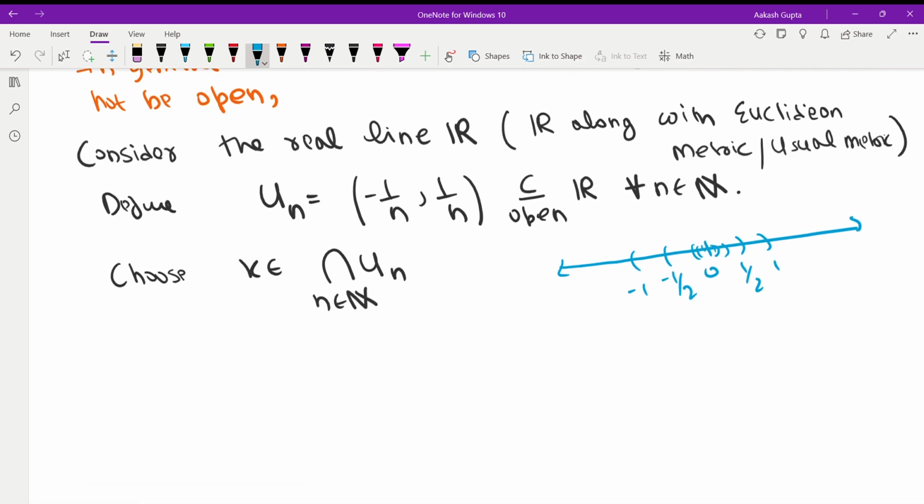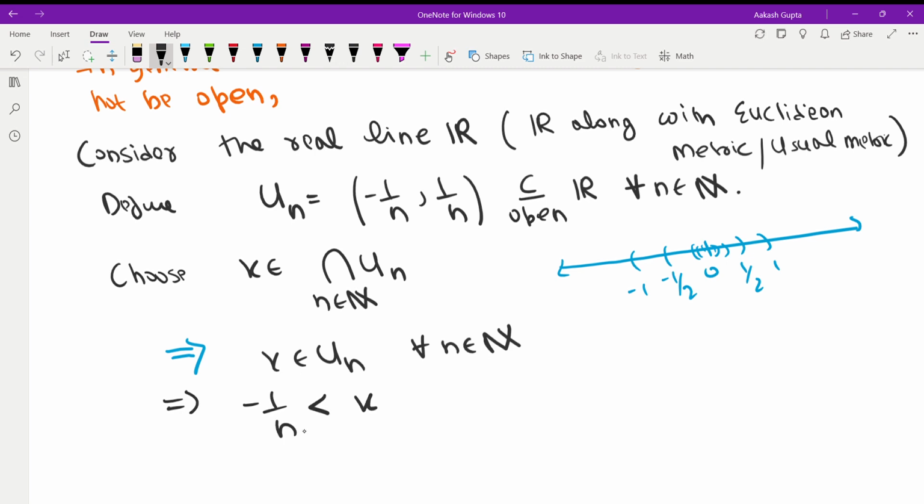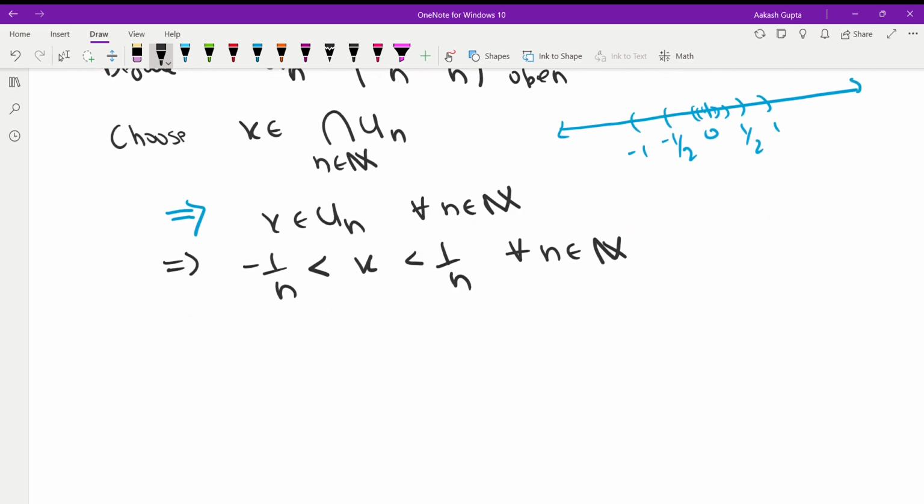Which point, you know, right? So let x belong to the intersection of U_n, n in N. What does it mean? x is in U_n for every n in N. That means minus 1 upon n is strictly less than x, which is strictly less than 1 upon n, for every n in N. Now, like I said, 1 upon n converging to 0 is a very crucial sequence.